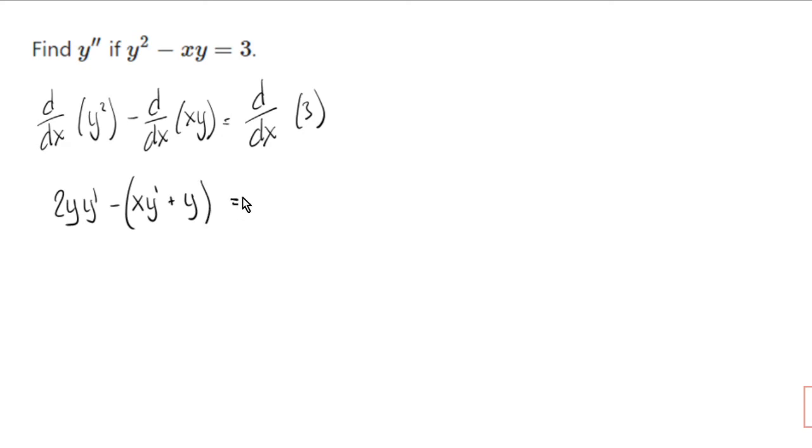The derivative of 3 is just 0. We can now drop those brackets. It's going to change those signs. Like that. We now want to rearrange this and express it in terms of y prime. So we can factor out the y prime.